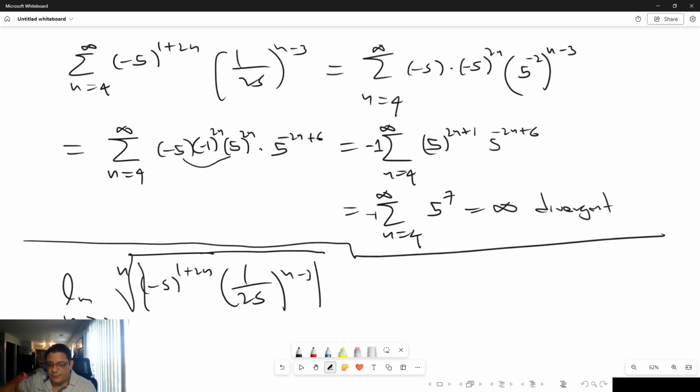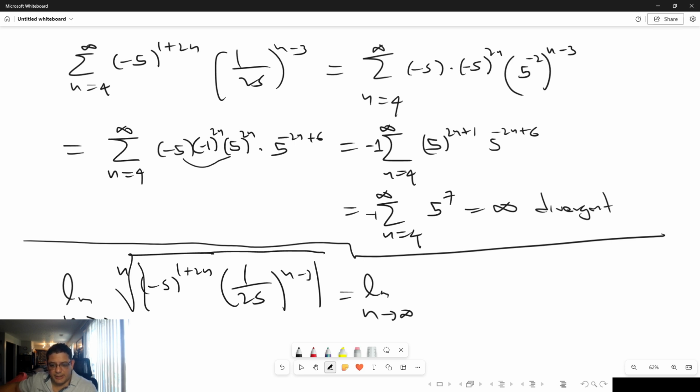This minus 5 to the 1 plus 2n is just minus 1 to an odd value here. Then we can consider this always minus 1, and it's going to be eaten by the absolute value.